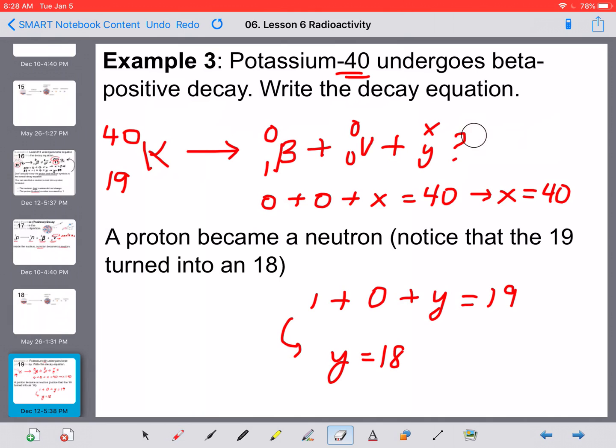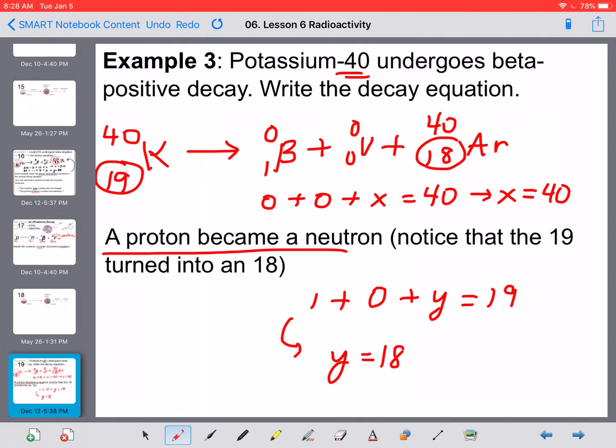So now, up top I have 40, and on the bottom I have 18. Again, to figure out which element that's going to be, I look on the periodic table to see what has an atomic number of 18, and I see that it is argon. So now we can see a proton became a neutron, right? Because the 19 here turned into an 18. So we have one less proton in the nucleus.